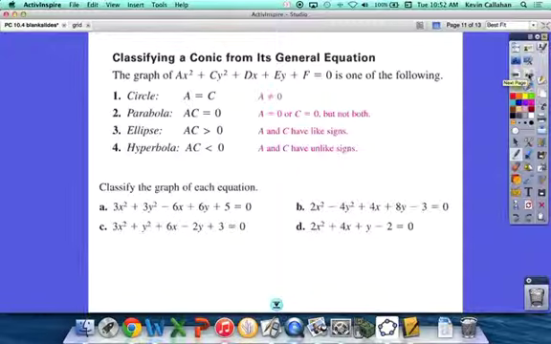Okay, then the last thing we're going to do here is this, again, what's called the general equation of the quadratic. It has a place for an x squared term, a y squared term, an x to the first term, a y to the first term, and a constant. And it's always equal to 0.